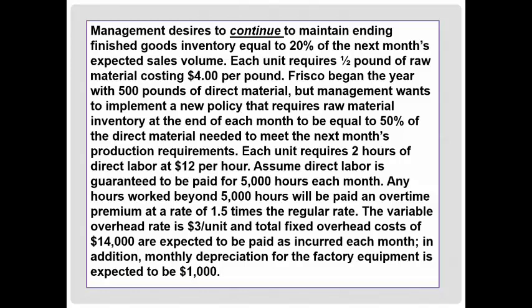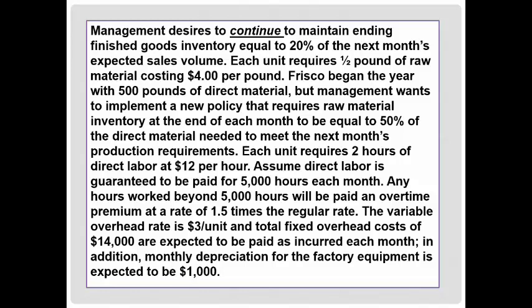Any hours worked beyond 5,000 hours will be paid an overtime premium at a rate of 1.5 times the regular rate. The variable overhead rate is $3 per unit, and total fixed overhead costs of $14,000 are expected to be paid as incurred each month. In addition, monthly depreciation for the factory equipment is expected to be $1,000.